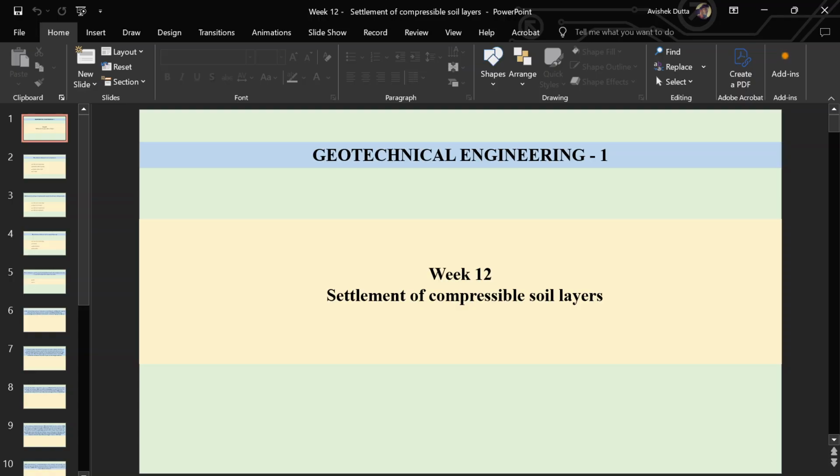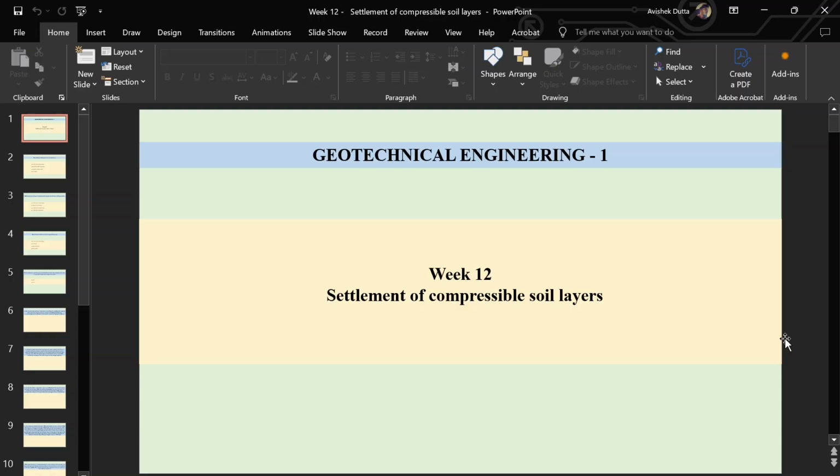Okay, so once again, good evening everyone. This is the 12th live discussion session of the course Geotechnical Engineering 1. The topic of today's discussion is settlement of compressible soil layers. Like the previous session, this session also has a set of questions combining multiple choice questions, true or false statements, and some numericals.